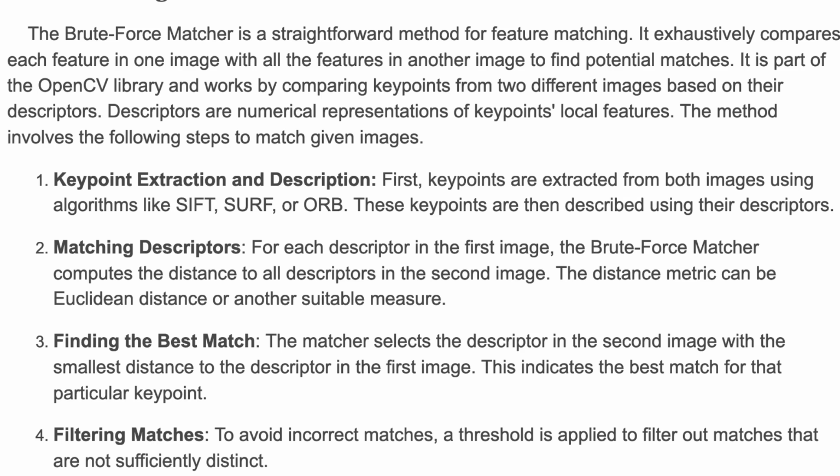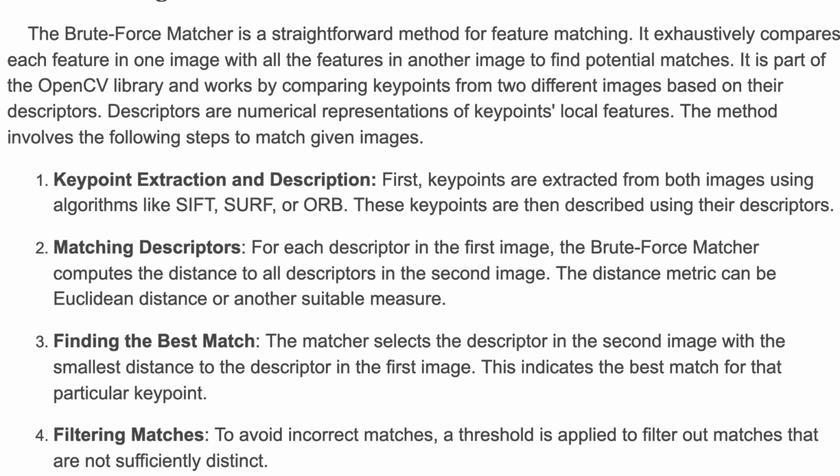The second is matching descriptors. For each descriptor in the first image, the brute force matcher computes the distance to all descriptors in the second image. The distance metric can be Euclidean distance or another suitable measure. Next one is finding the best match. The matcher selects the descriptor in the second image with the smallest distance to the descriptor in the first image.